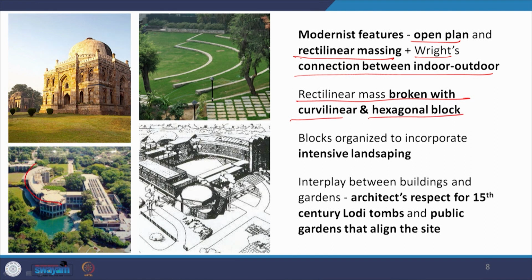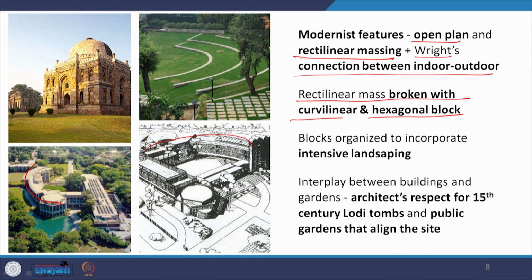this aerial photograph of IIC, or this bird's eye perspective of IIC. So the orthogonal massing is broken up by a curvilinear block and a hexagonal block. Moreover, the entire building is interspersed with intensive landscaping.